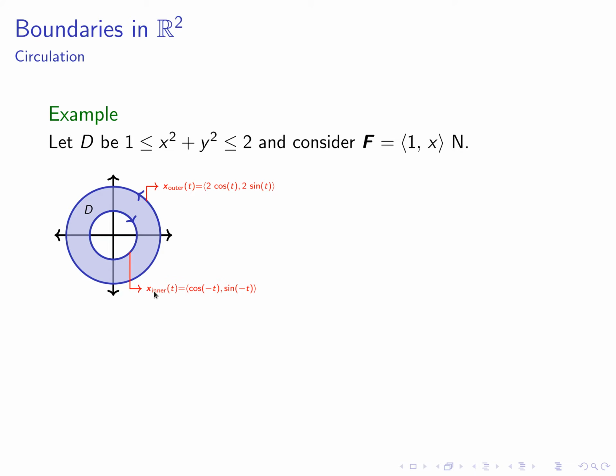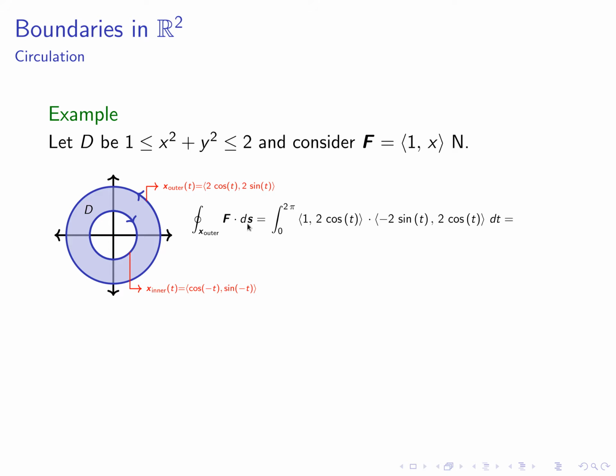So here, x sub inner of t should be cosine comma sine, but normally cosine comma sine gives us counterclockwise motion. So I'm replacing the t here with negative t so that we can respect the positive orientation of the domain.